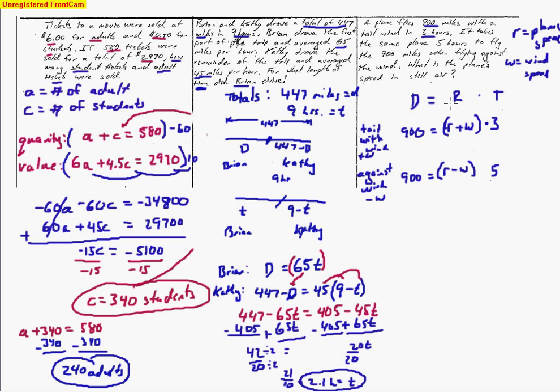There are a couple of ways we can do this. In this problem, I see that 3, and I can get rid of it by dividing this entire equation by 3. But if you do that, you have to do the same thing to the other side.